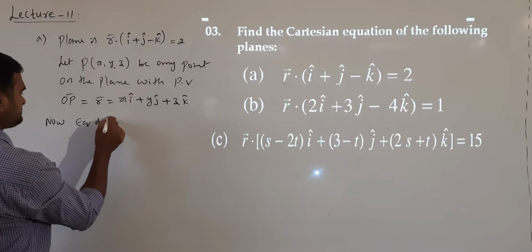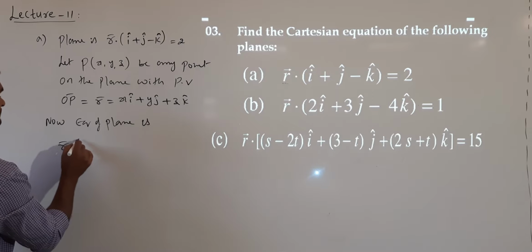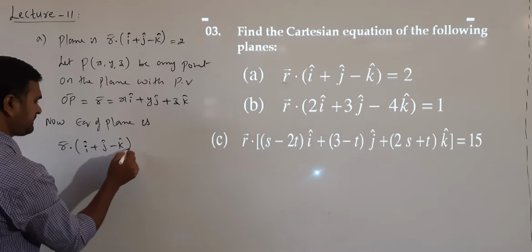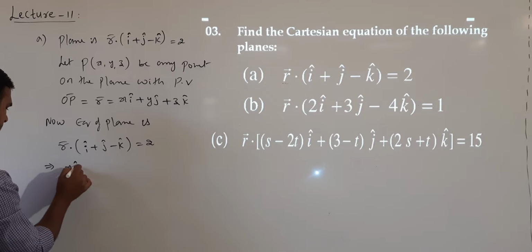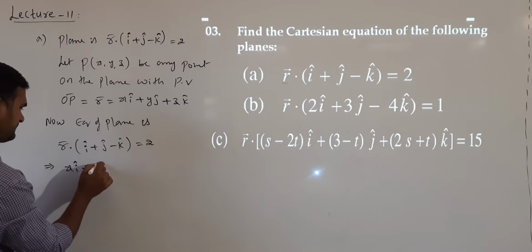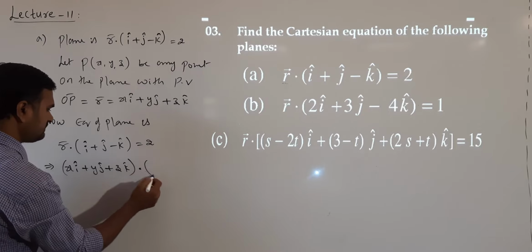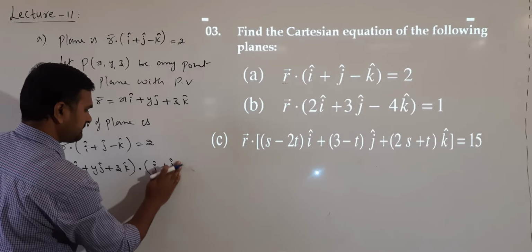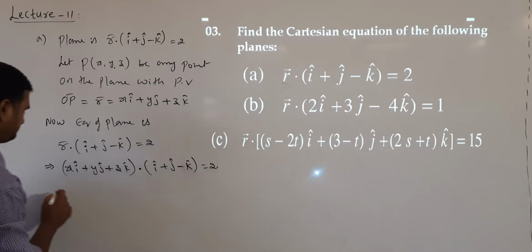So now the equation of the plane is r bar dot (i plus j minus k) is equal to 2. What is r bar here? (xi plus yj plus zk) dot (i plus j minus k) is equal to 2.